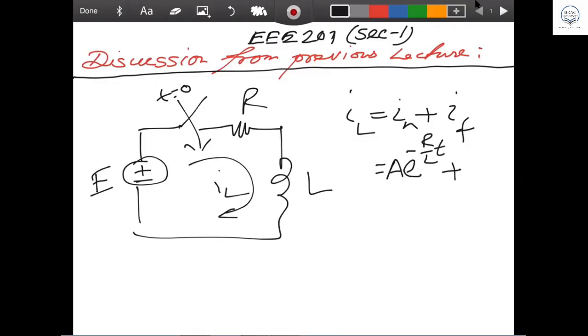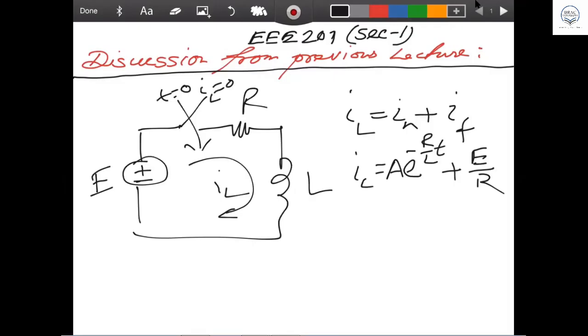And IF for t tends to infinity, all of you have seen, it was E by R. And the initial condition at time t equal to 0: there is no IL current, so IL is 0.